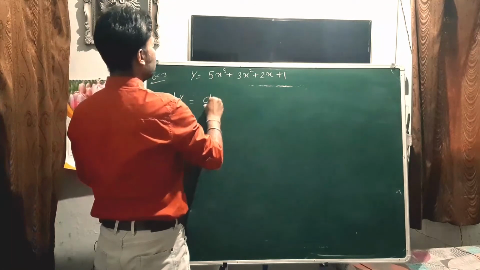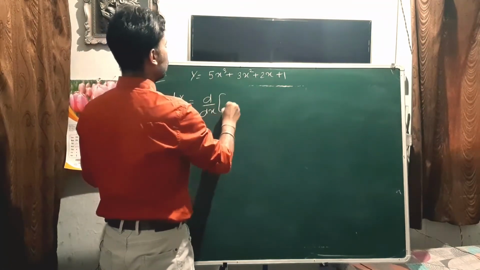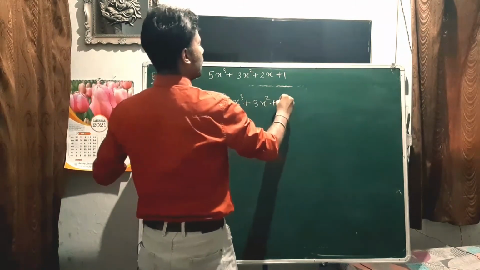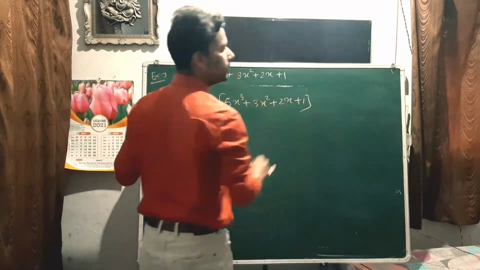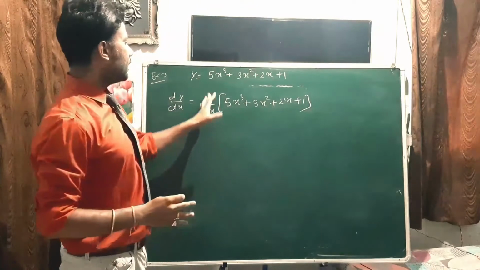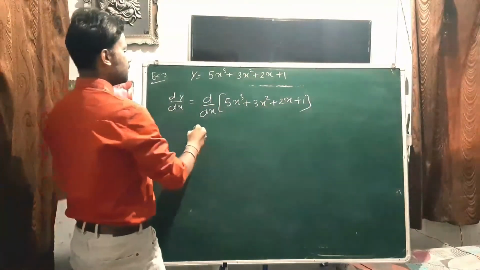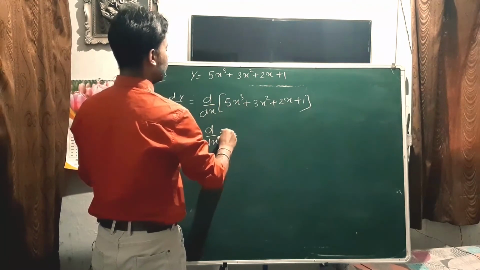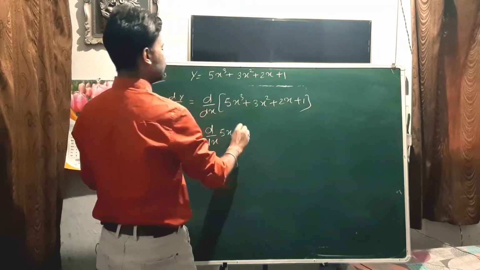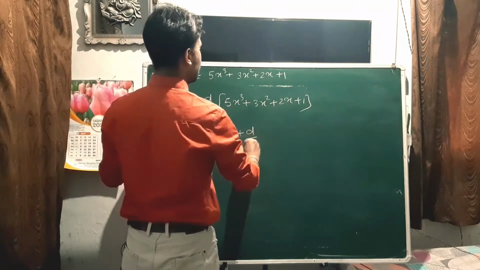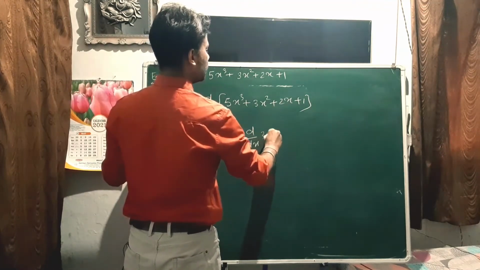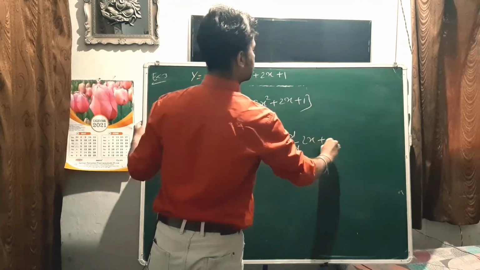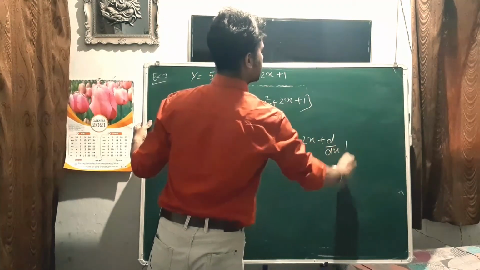Okay, so d by dx of 5x cube plus 3x square plus 2x plus 1. Now apply d by dx to each of the terms. It will become d by dx of 5x cube plus d by dx of 3x square plus d by dx of 2x plus d by dx of 1.